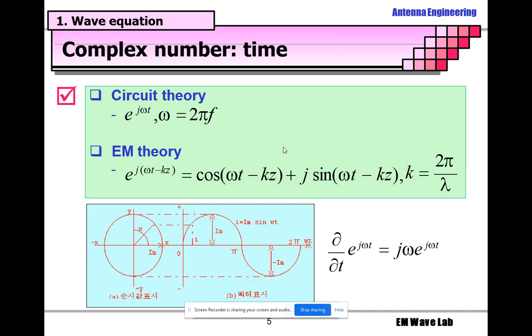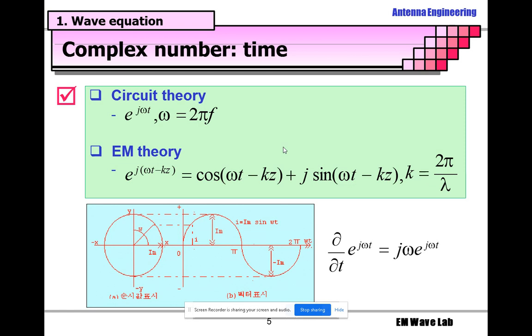Then the complex number involved in the Maxwell equation. Here we are going to use circuit theory and EM theory for complex numbers with respect to the time period. So here e power j omega t, and omega, I think you all know, is 2 pi f, the frequency.